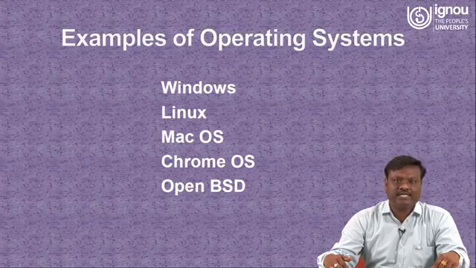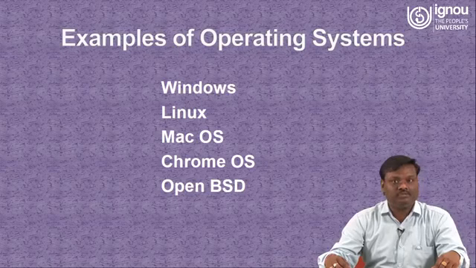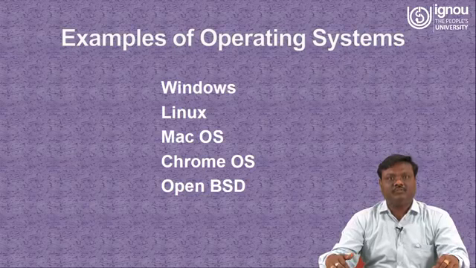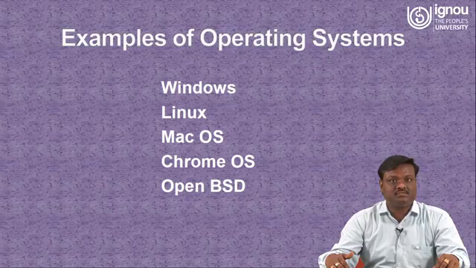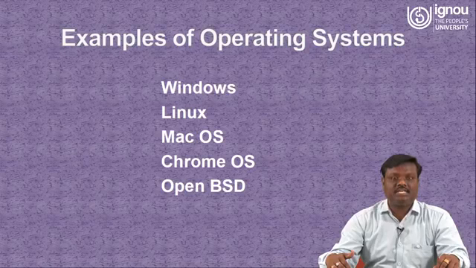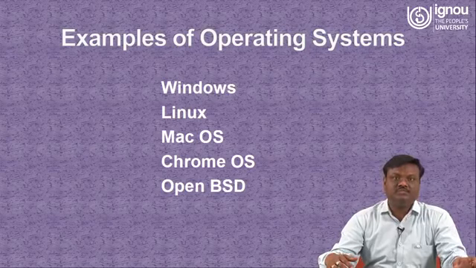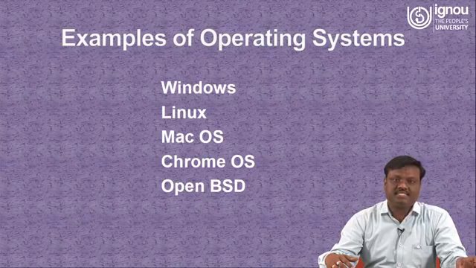Some are proprietary, some are open source software, and some are right now under development by community users also. Whatever is listed on your slide, these are popular operating systems, and they come up with several versions also. Every year or after 2-3 years, a new version with extra features and extra capabilities comes up in the market, and users are using these popular operating systems.